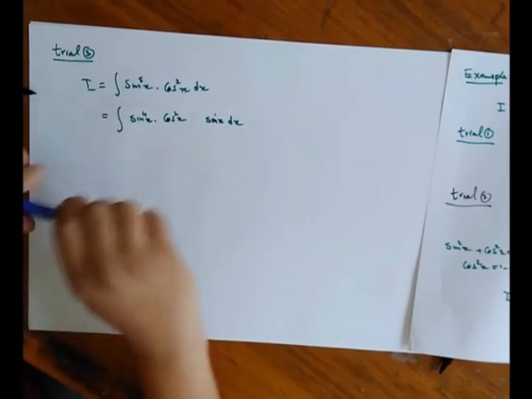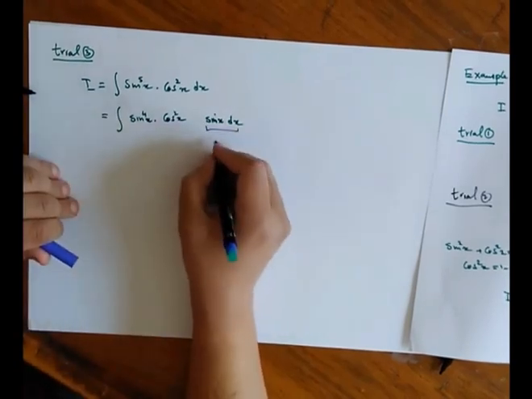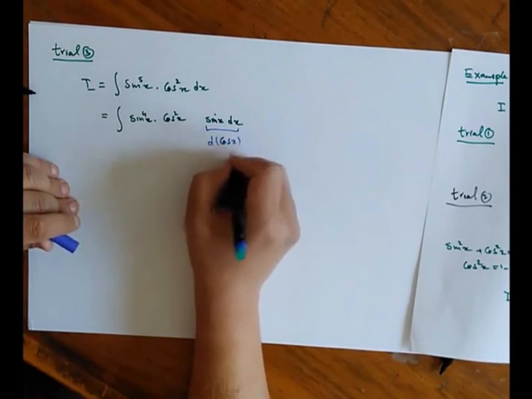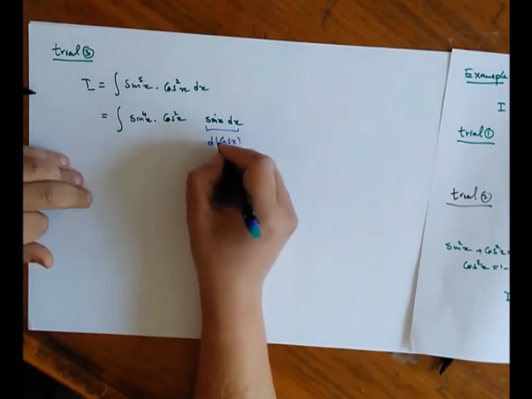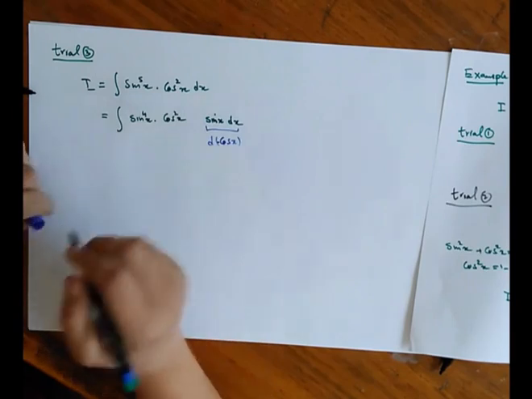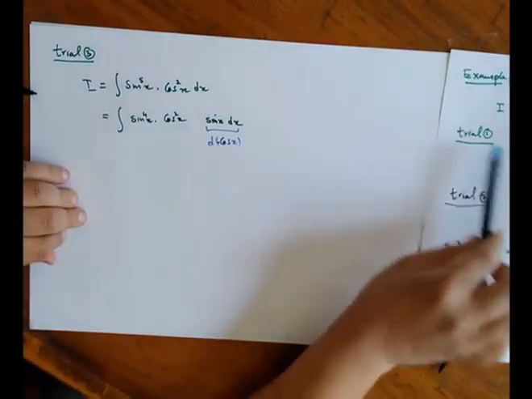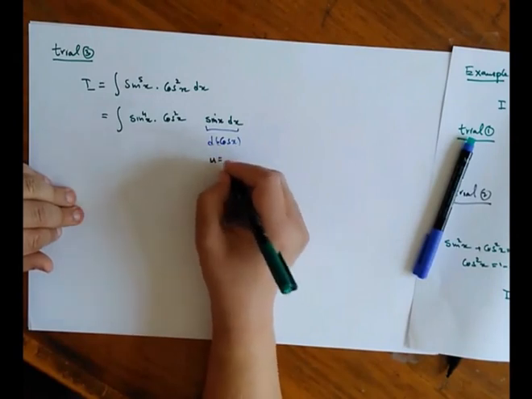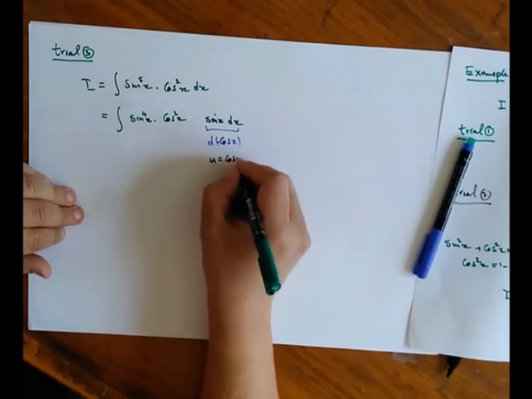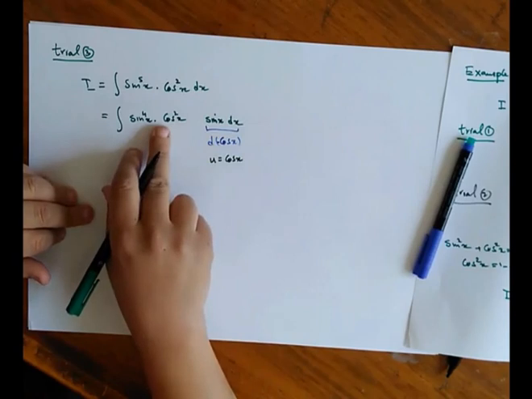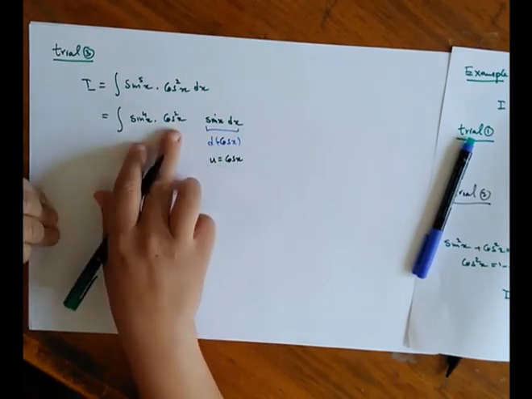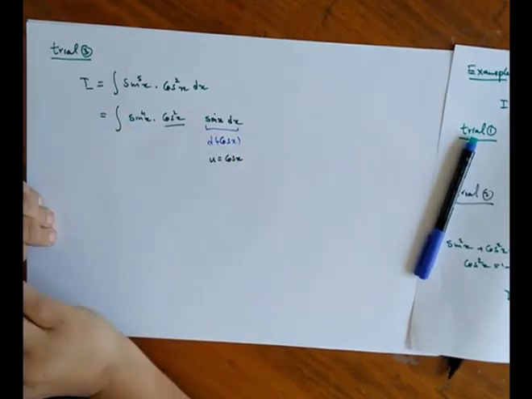Okay, so this part is the same as the total differentiation of cosine x. It will be negative sine x dx. So if you want to use this formula, which is u equal cosine x, you have to write everything here in terms of cosine to use this substitution. So this part is okay.